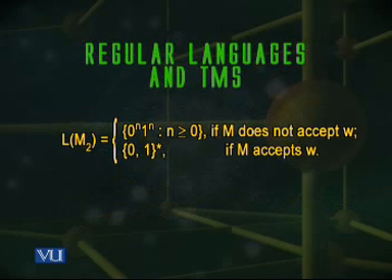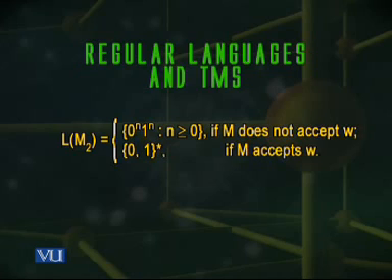Let's look at what the language of M2 is going to be. Well, suppose that M does not accept W. In that case, M2 is going to only accept strings of the form 0^n 1^n. As we all know, that language is not regular. On the other hand, if M accepts W, then M2 is going to accept all strings, all X's which are given to it as inputs.